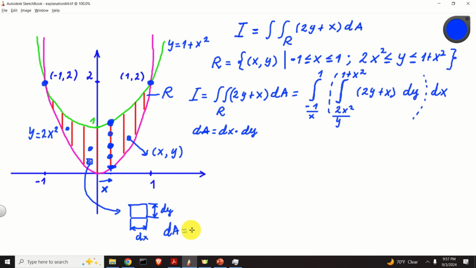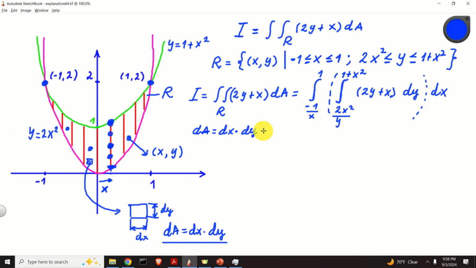Consequently dA, or the small area, is dx multiplying dy. However, this is not completely mathematically correct. However, it's still a very good method for remembering how to substitute dA. To repeat again, dA is substituted by dx multiplying dy.